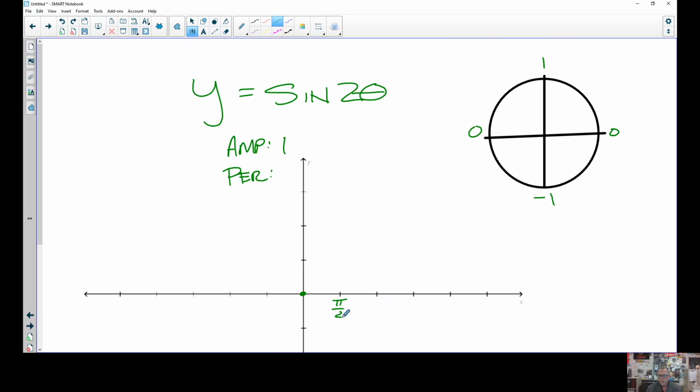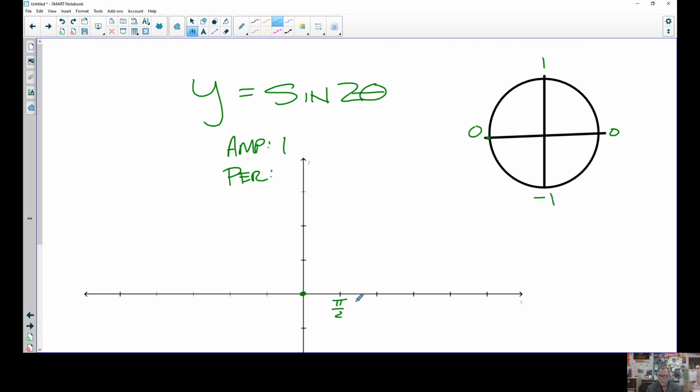When I get to pi over 2, what's going to happen here? Well, let's look at this. If I talk about pi over 2, that's here. But if I take 2 times pi over 2, what happens? 2 times pi over 2 puts me here, at pi. So sine of pi was 0 again.